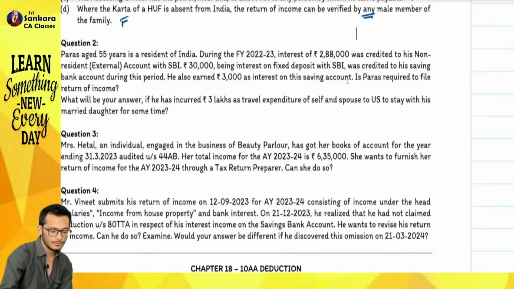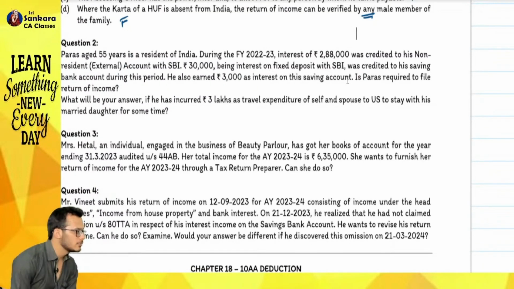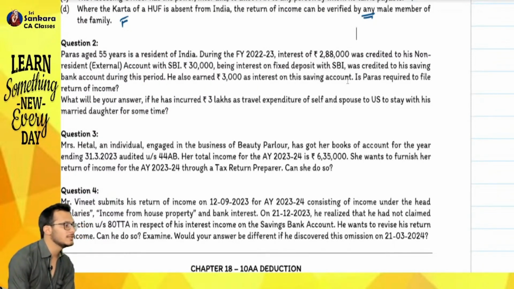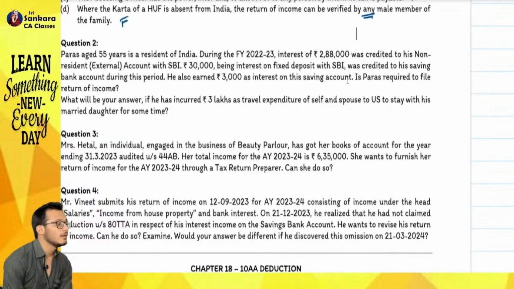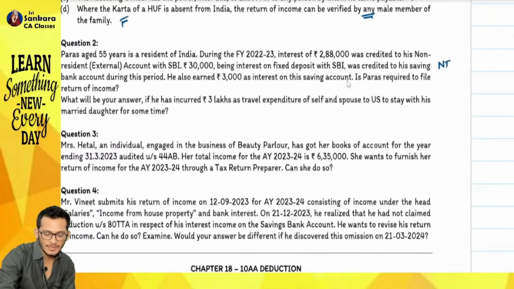Paras is an individual. So his return filing will become mandatory if he has a gross total income of more than 2,50,000. Let's understand what gross total income is. Interest from NRE account is exempt from tax.